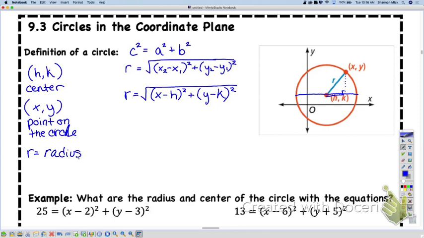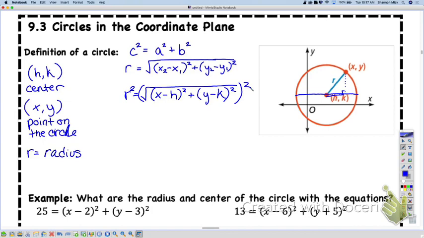Okay, but I don't want a square root in it. If I wanted just the radius, that's how I do it, right? The actual equation of the circle doesn't have a square root in it. Well, what would I do to get rid of a square root? What's the opposite of taking the square root? Squaring it, correct? So I'm going to square both sides. And we know when we square a square root, we get what's inside.